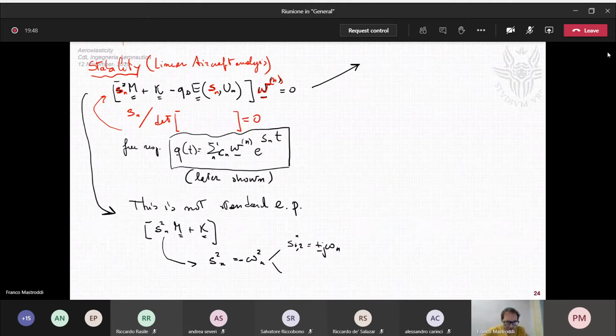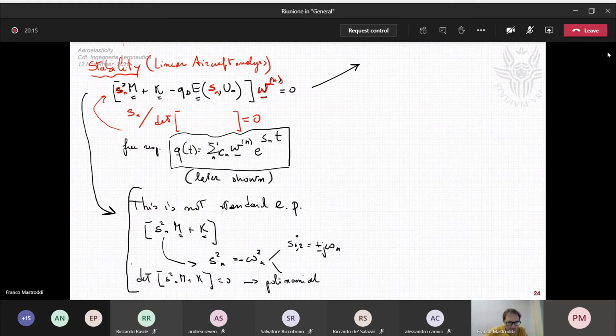This can be simply solved by taking the determinant of this equation, which is a polynomial equation, and that's all. In this case, you have a standard eigenproblem.